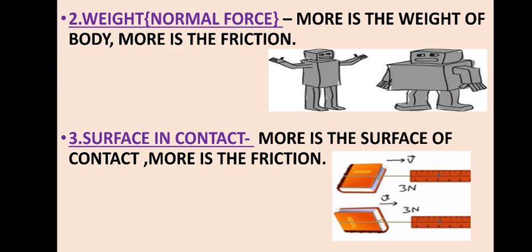So where will the friction be more? The friction between the surface of the thin person's feet and the floor will be lesser, and the friction here will be more as the person is exerting more weight, more force. There the interlocking between the two surfaces will become stronger and the friction will be more.